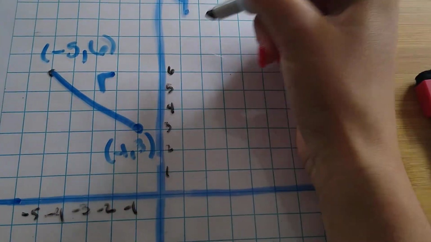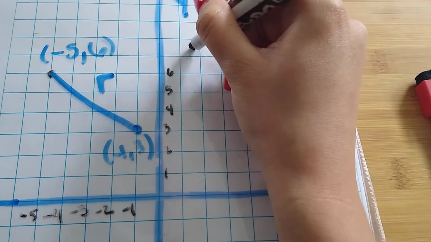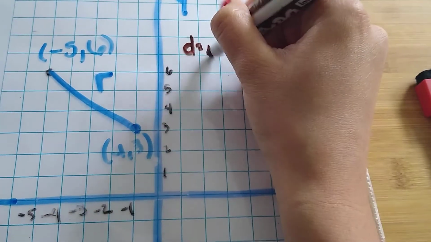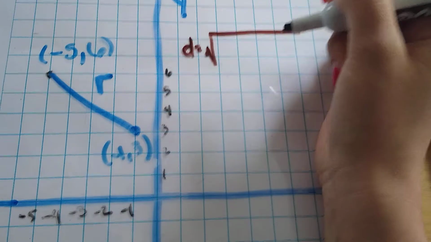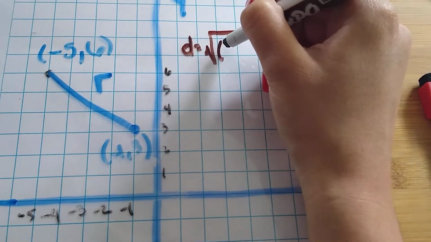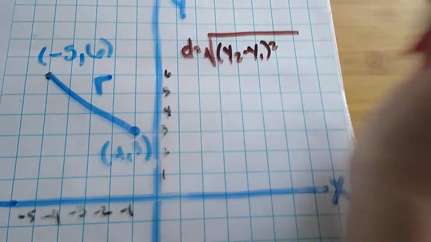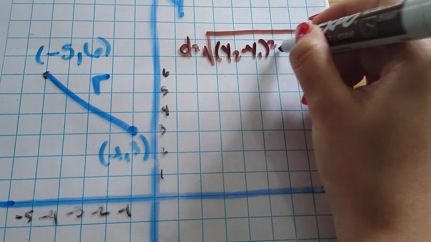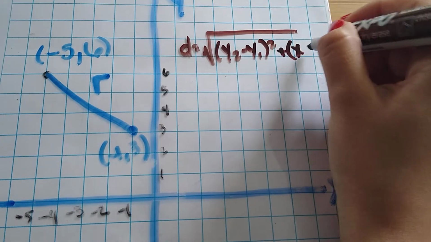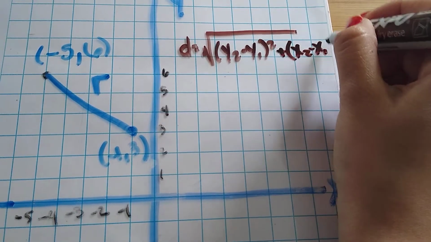So we're going to write the distance formula here. The distance formula again is the square root of y2 minus y1 squared plus x2 minus x1 squared.